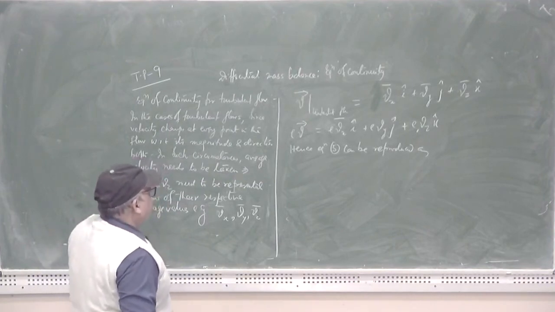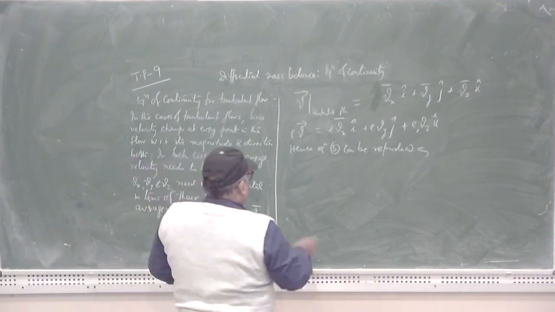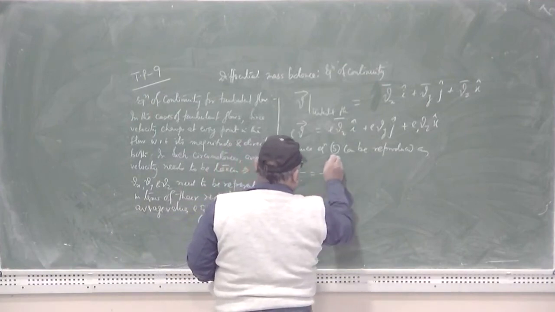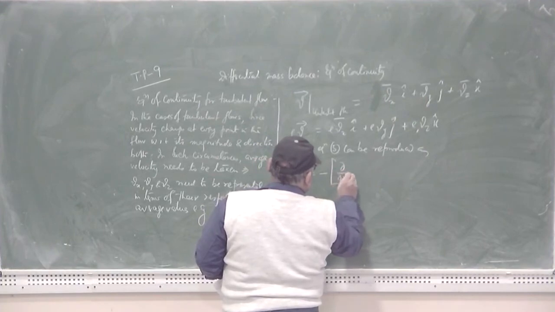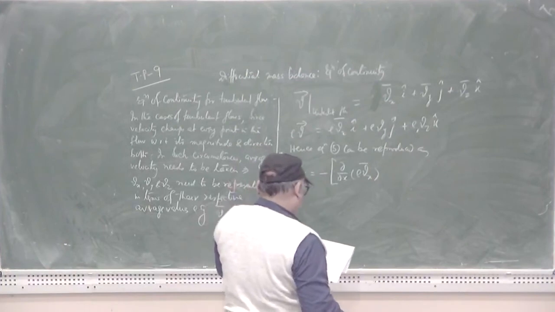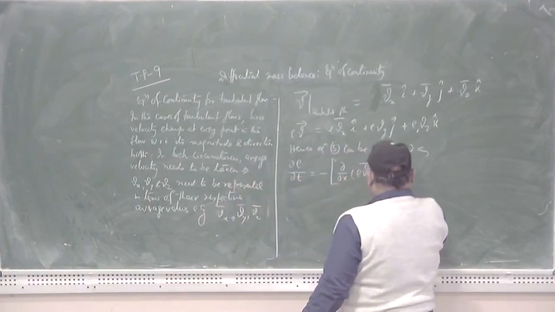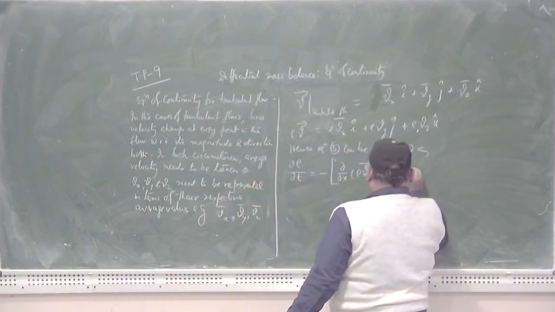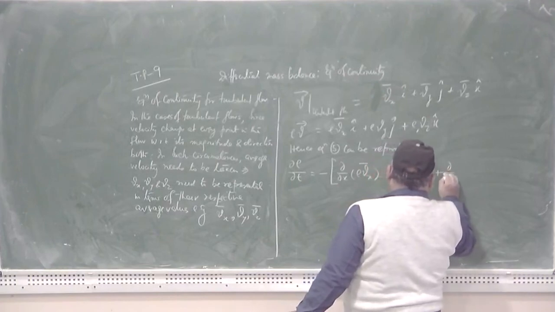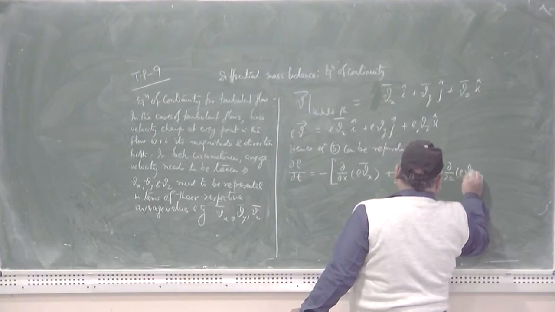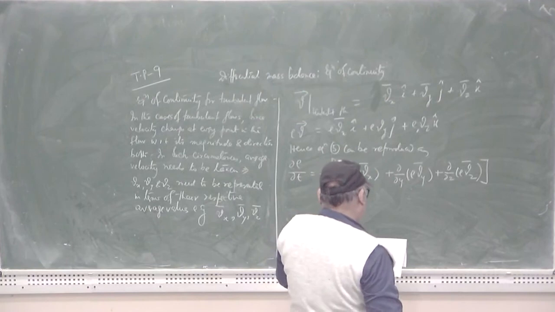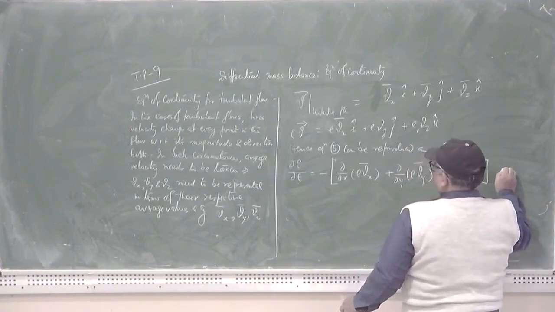So, this equation number 5 can be reproduced as del rho by del t equal to minus del by del x of rho Vx bar plus del by del y of rho Vy bar plus del by del z of rho Vz bar. Let it be equation number 8.